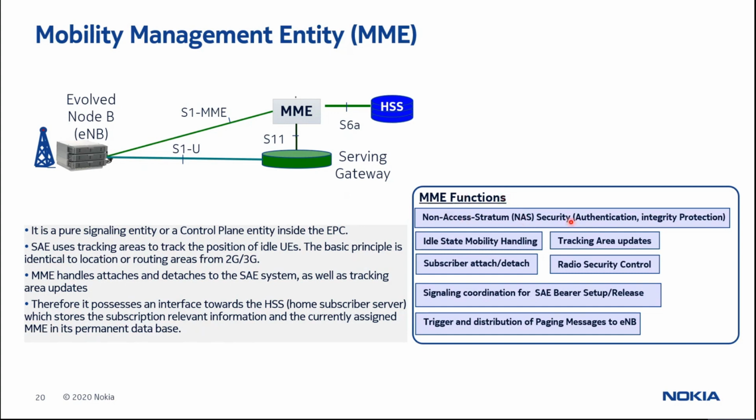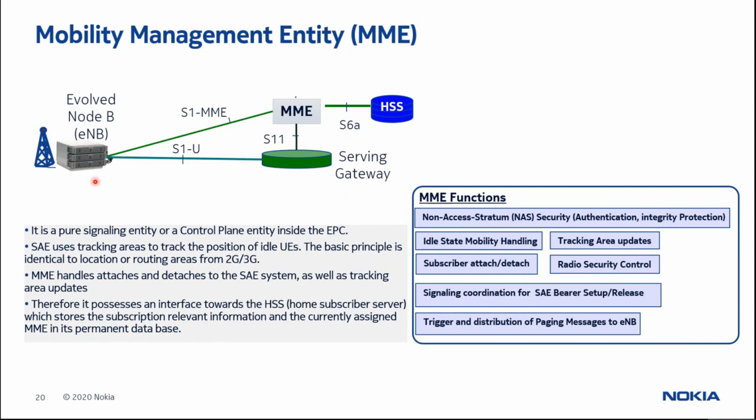The non-access stratum related security. Non-access stratum is actually a kind of communication platform that gets established between MME and the UE, or let's say the mobile phone, directly. When I say directly, it doesn't mean that the mobile phone has a direct interface towards MME.